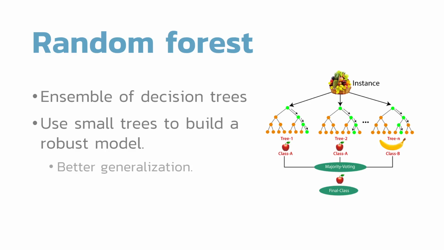What it's doing is that it consists of a lot of trees. As the name suggests, the forest is an ensemble, or a group, of decision trees. And what is usually done is that the trees are small.